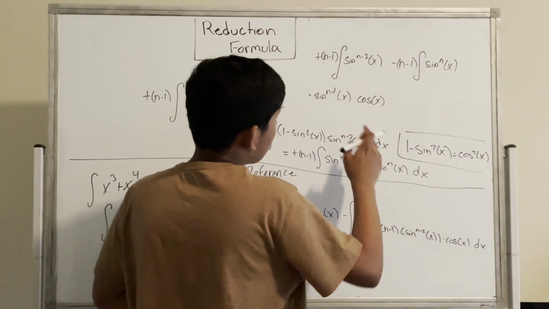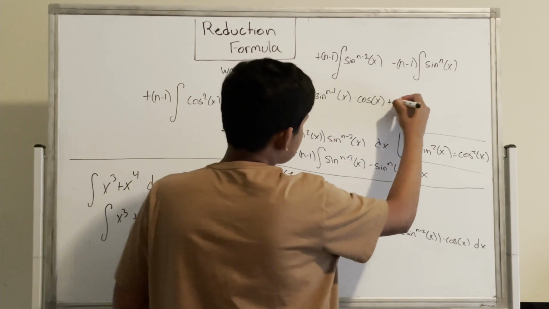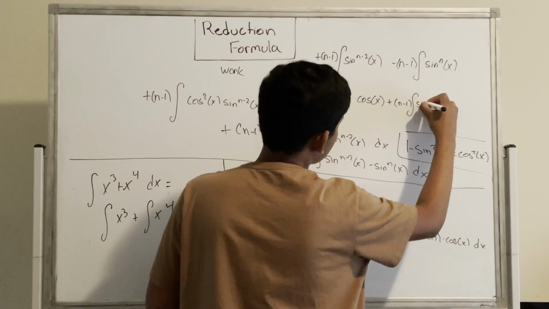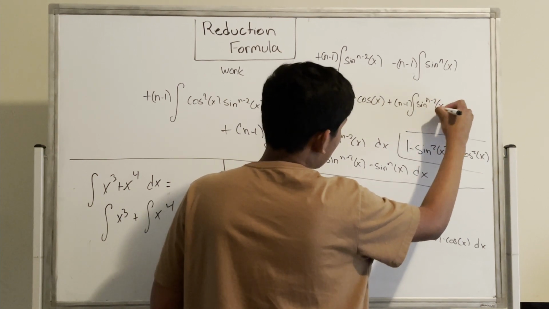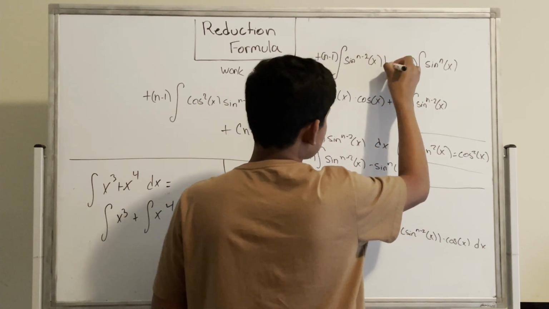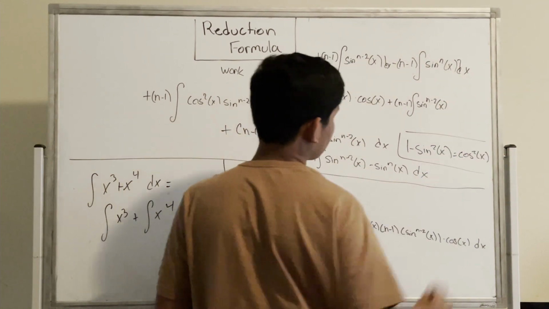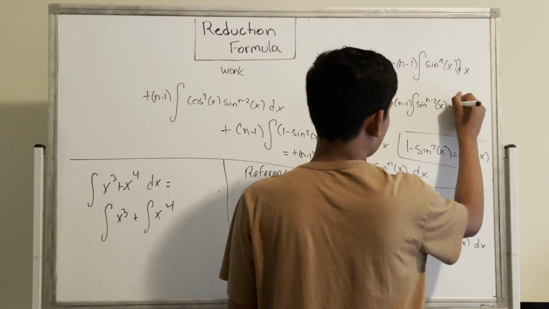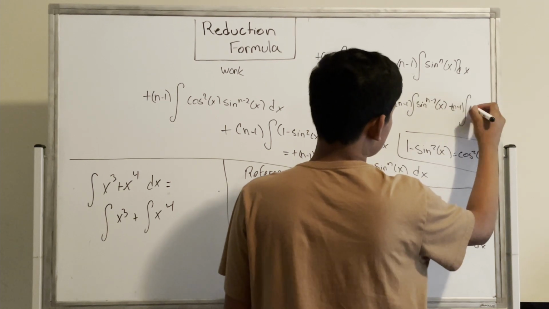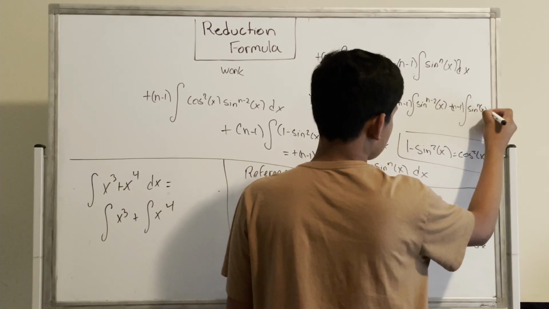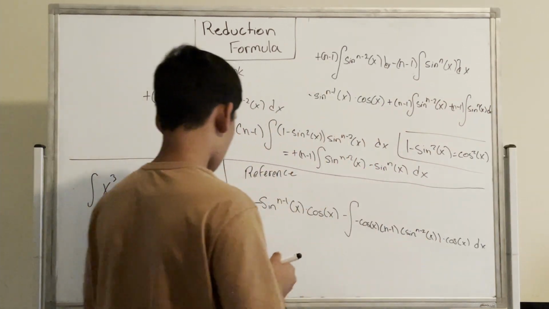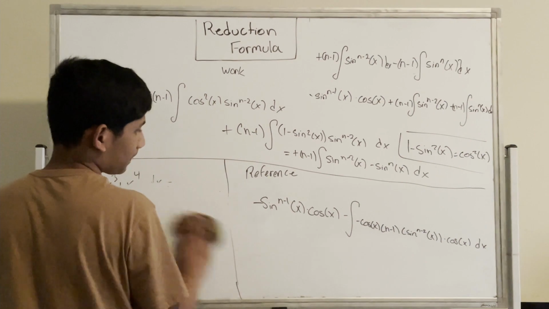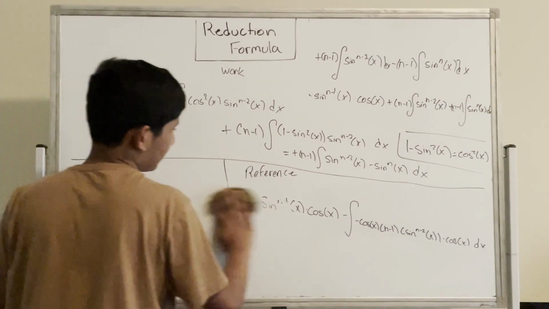And now we can start implementing this plus n minus 1 integral sine n minus 2 x dx. We can add the dx's. And then minus n minus 1 integral sine n x dx. Okay. Now let's just clean the bottom part and continue writing over here.